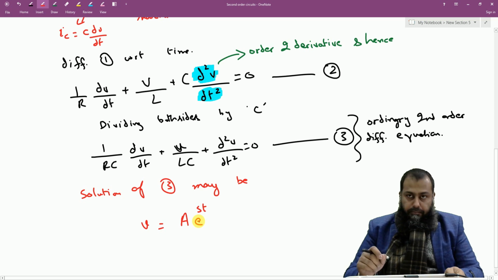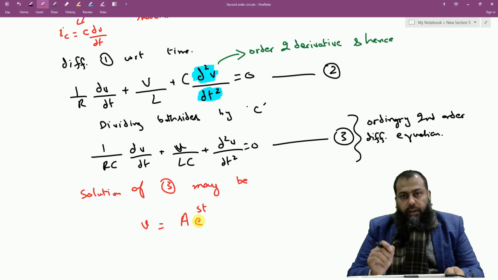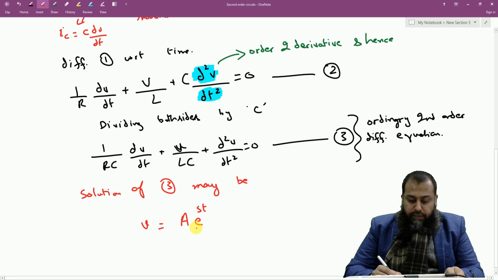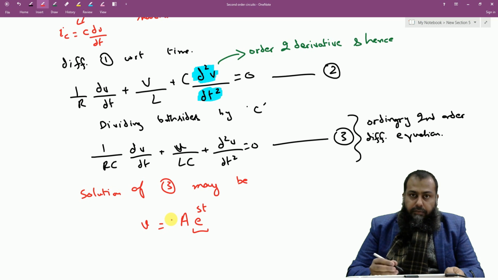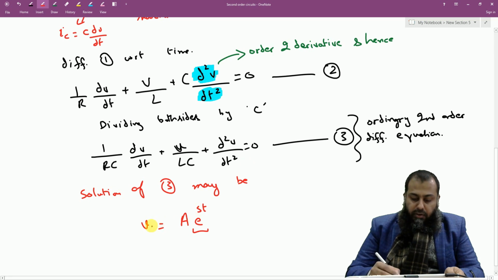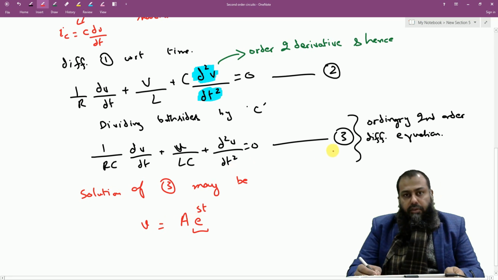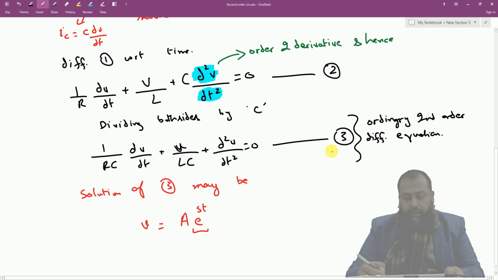Therefore it is quite possible that equations containing higher order derivatives also have this exponential part. But we need to elaborate and see if this particular solution is true for all values of time, that is, putting the value of v here also satisfies this equation number 3. So we need to see this particular aspect.